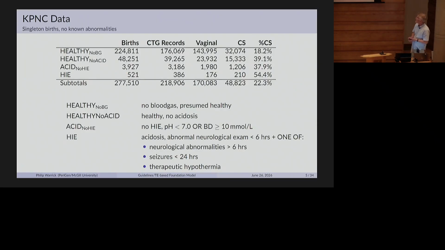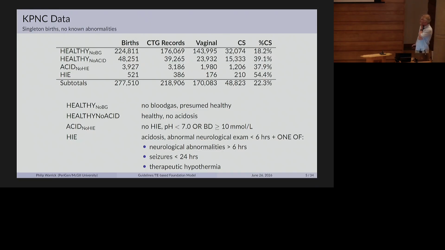So the data that we have has been described by Rob, and this is a summary of it. I'll just highlight the definitions of healthy. We have the healthy with no blood gas, where we presume that they were healthy. Healthy that did have blood gas, but there was no evidence of acidosis according to this criteria for pH and base deficit.